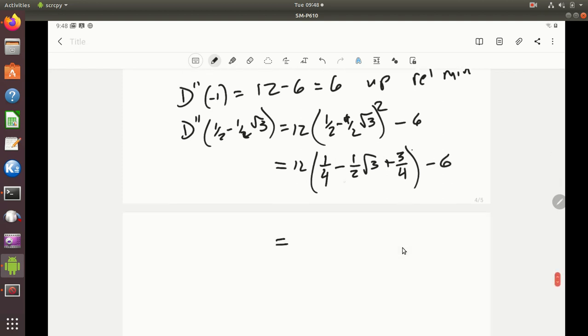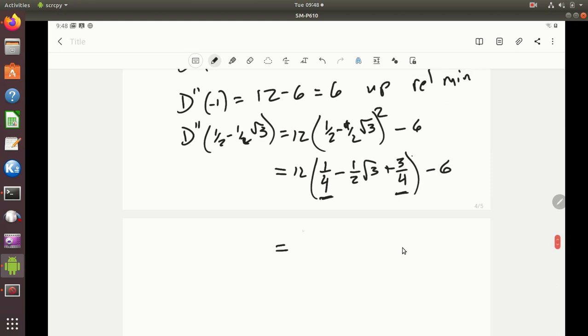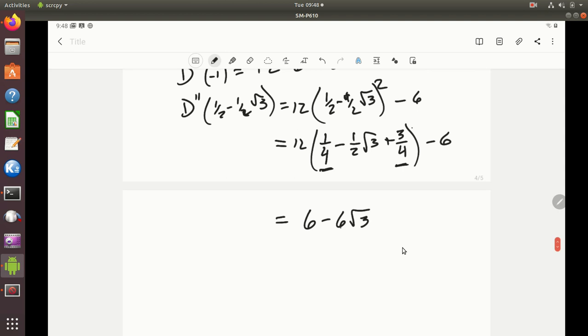So that's equal to that, and that makes 1, and so I'll get 12 minus 6, which is 6, and minus 6 times the square root of 3. And 6 times the square root of 3 is bigger than 6, so this is negative, less than 0. And so that's a relative max at that point.